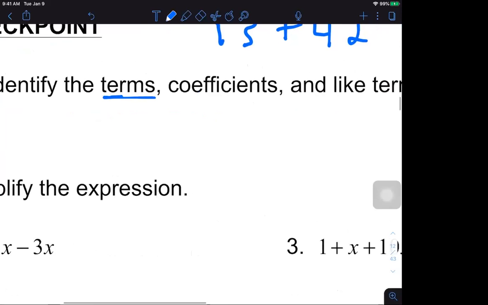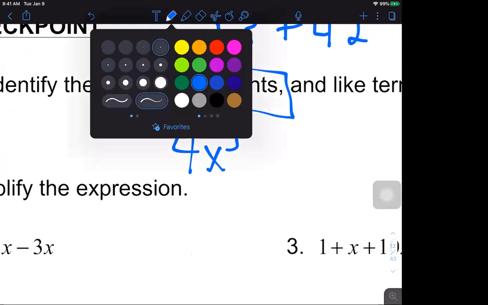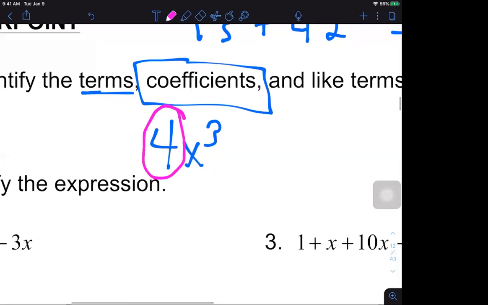Okay, next we're looking at coefficients. If we remember the definition for coefficient, a coefficient is the number in front of a variable. So if we have 4x cubed, well, in this case, the coefficient is going to be the number in front, which is a 4. So we look through here.